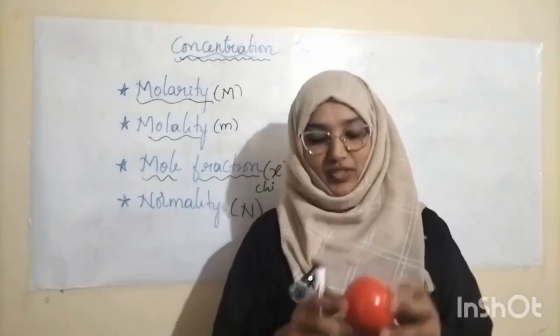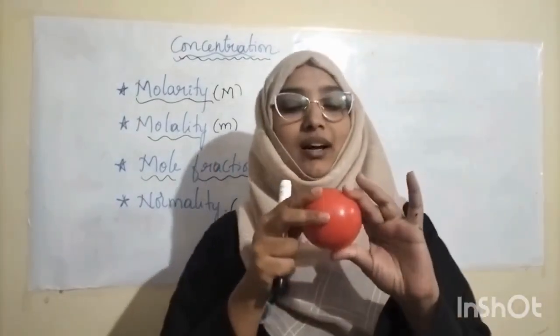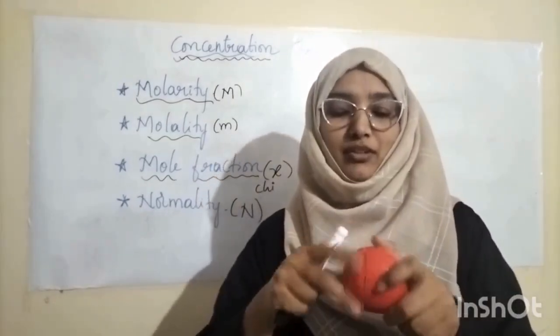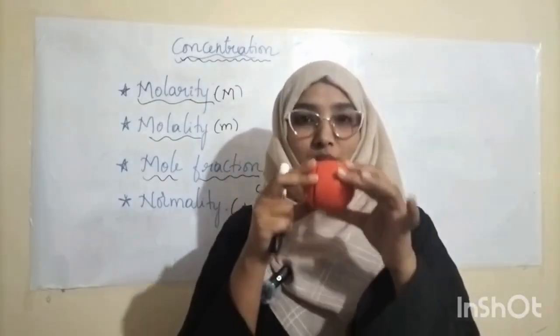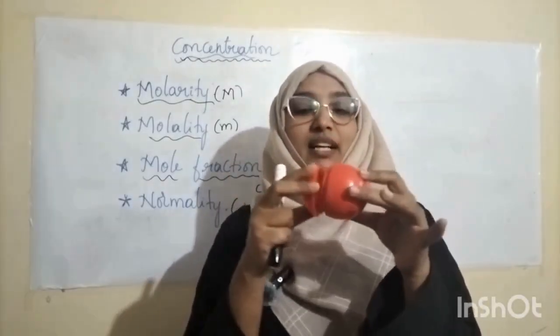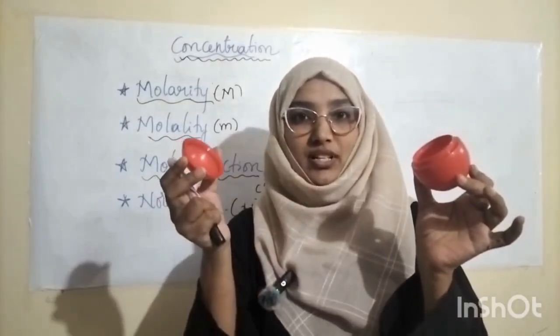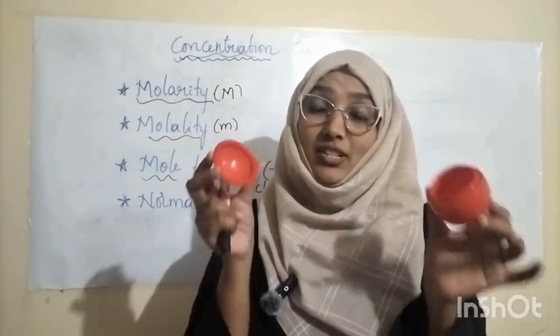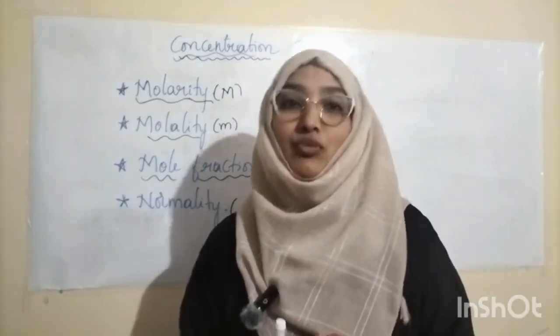I'll explain that. So consider this ball as 1 mole. Okay. And now I'm making many pieces of this ball. For now I have only 2 pieces. So if this is 1 mole, then in this 1 mole, these types of fractions are there. What is the percentage or the mole fraction of this, this is called mole fraction.